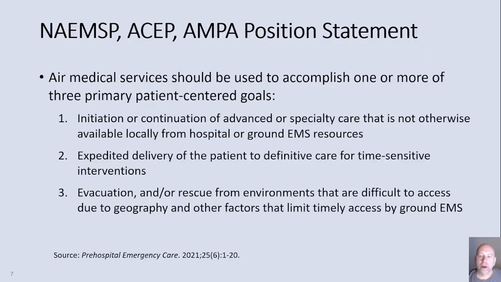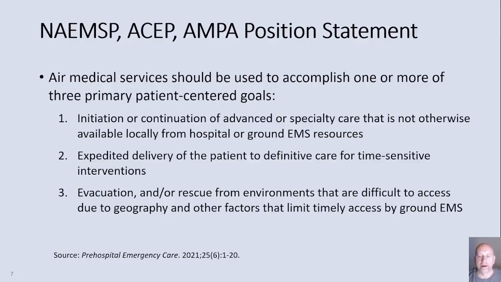So in 2021, the National Association of EMS Physicians, along with the American College of Emergency Physicians and the Air Medical Physicians Association, released an update to their joint position statement on the use of air medical services. I believe prior to that, the last update was 2013. So they're recommending that air medical services should be used to accomplish one or more of three primary patient-centered goals.